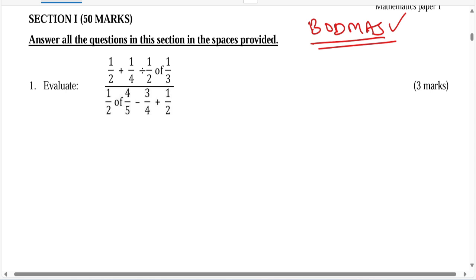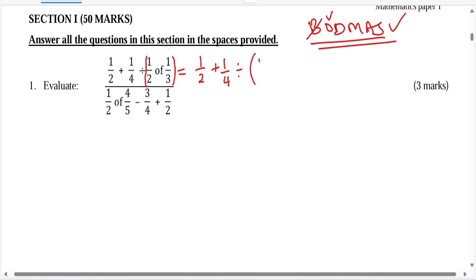Sasa hapa kuna bracket. So kuna off iko kwa numerator, kuna off iko kwa denominator. So let's start with the numerator part. So a half plus a quarter divided by a half of a third.